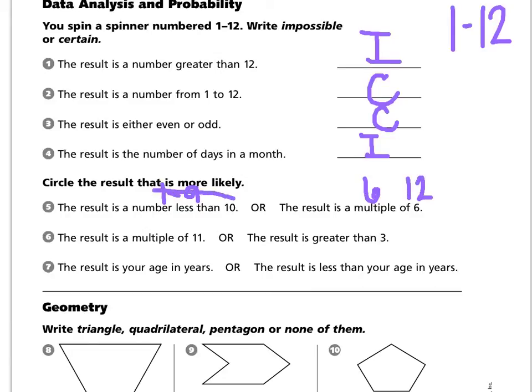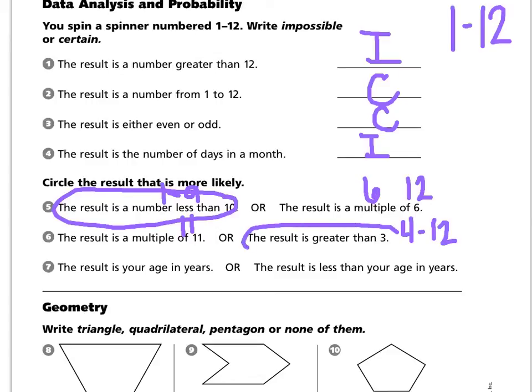So I know that this one is more likely to happen. The result is a multiple of 11, or the result is greater than 3. So if it's a multiple of 11, it can only be 11. Or if the result is greater than 3, it can be 4 through 12. Which means that this one is more likely to occur if I spin it.